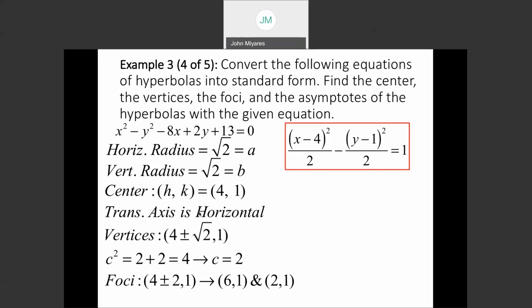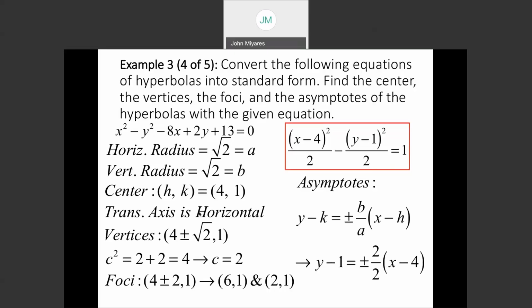That places them at the points (6, 1) and (2, 1). Finally, the asymptotes will be two straight lines that pass through the center point (4, 1) that have slopes b over a and negative b over a, as shown here. Since a and b are both equal to the square root of 2, the slope will reduce to 1 and negative 1.